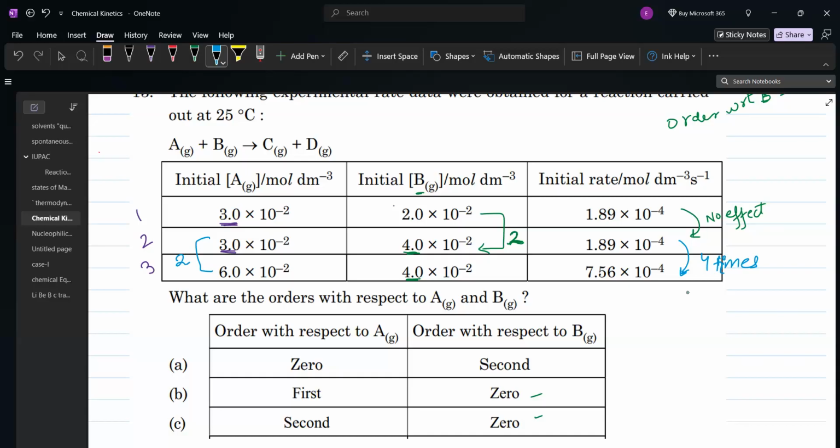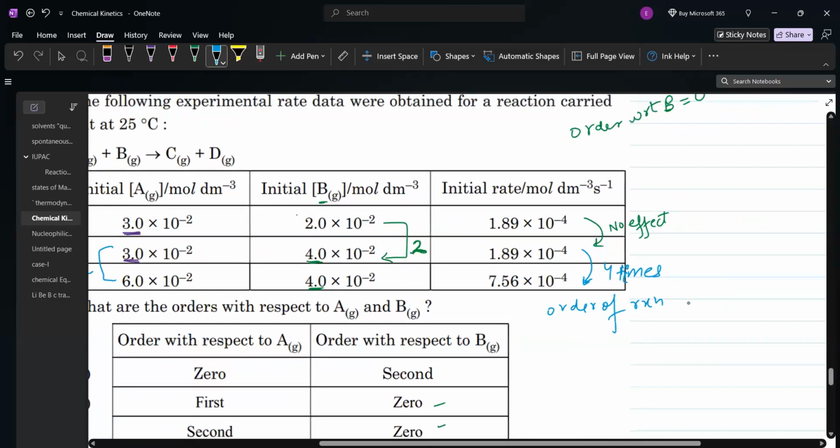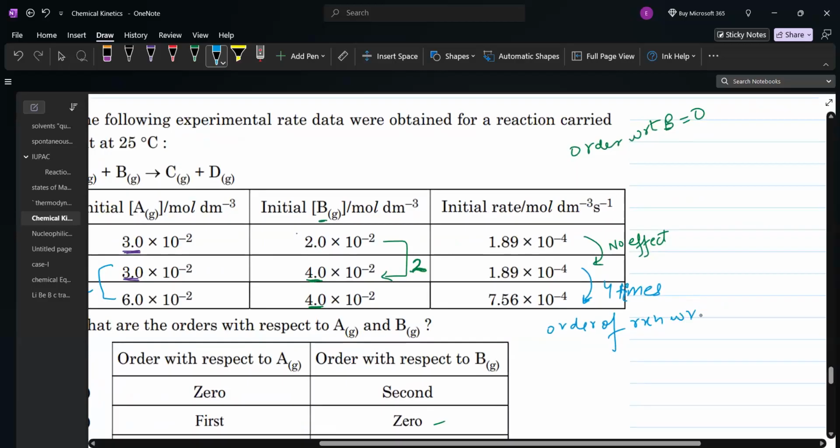So the power should be 2, right? Yes, sir. So order of reaction with respect to A will be 2, right? So finally we can conclude that rate will be k A square B0, or this much only.